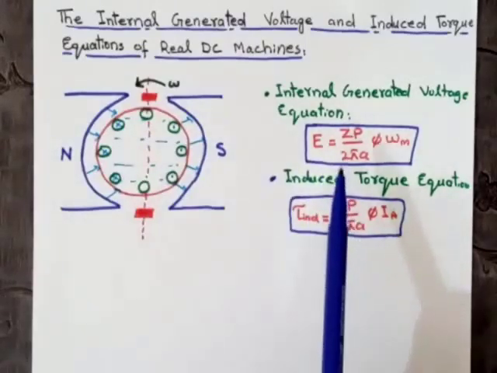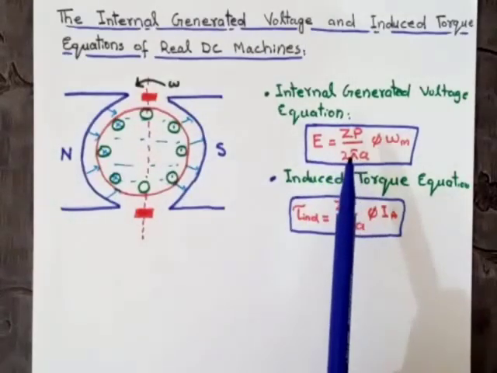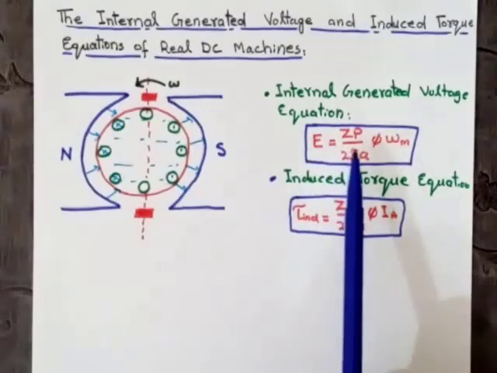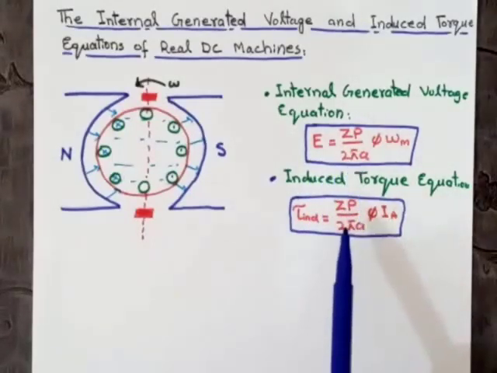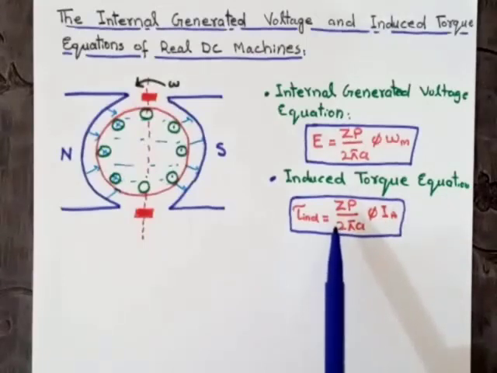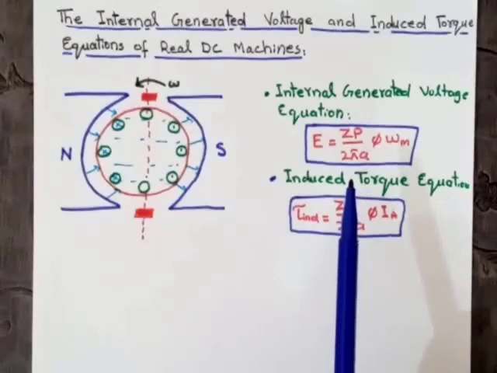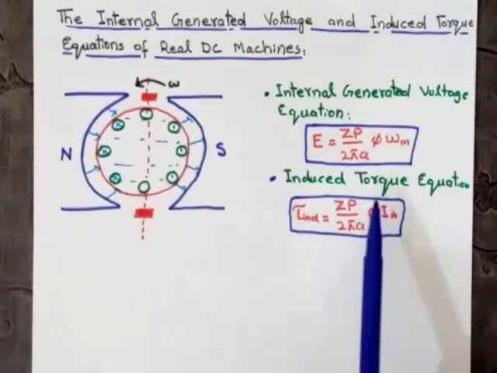But in these formulas, we use the total number of conductors. We assume that all the conductors are producing the voltage or the torque. That's why these equations just given are only approximations.